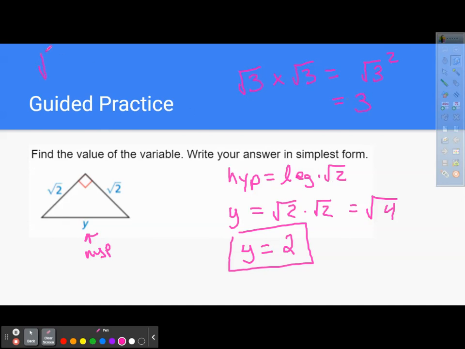Same thing if I were to have the square root of 1,234 times the square root of 1,234, your answer would just be 1,234. Okay, so anytime you multiply the exact same two radicals together, it just cancels out the radicals, and you get the number that's underneath the radical. Square root of 10 times the square root of 10 is going to be 10. All right, let's try the next one.